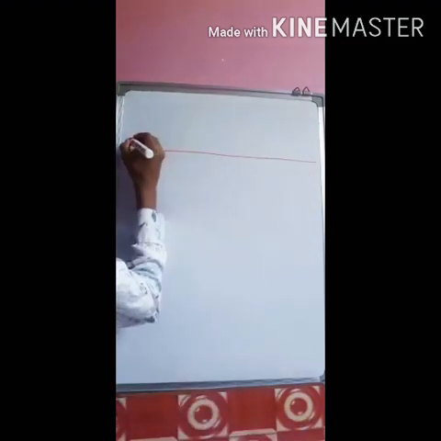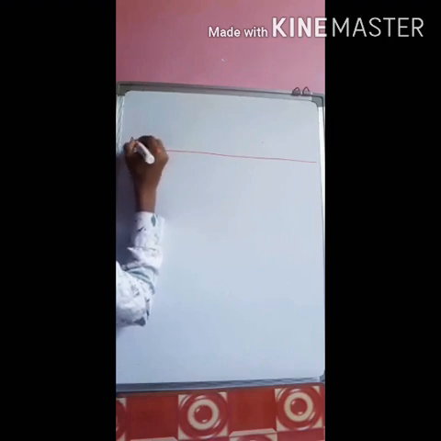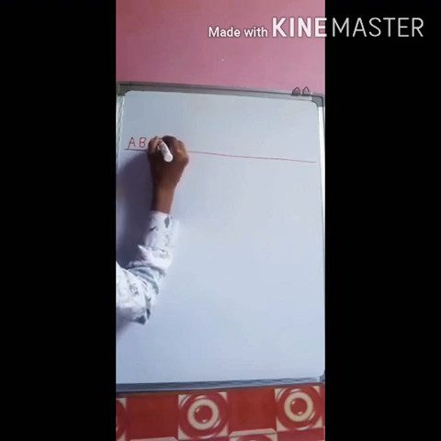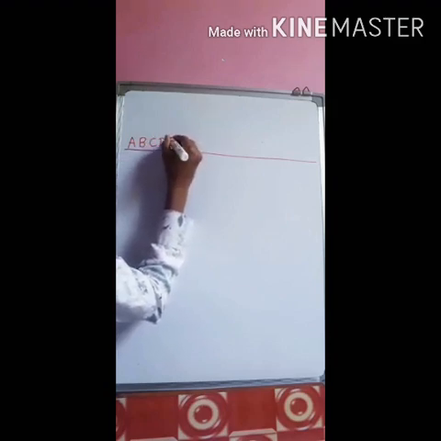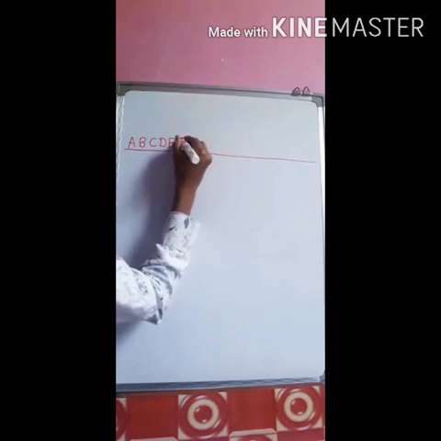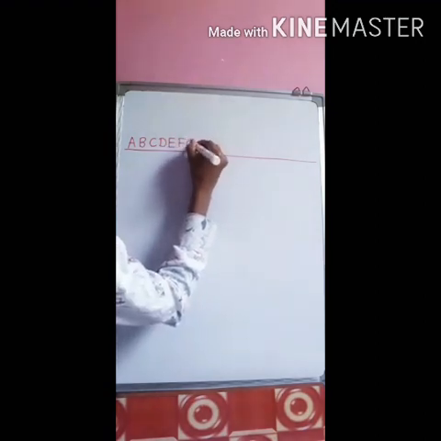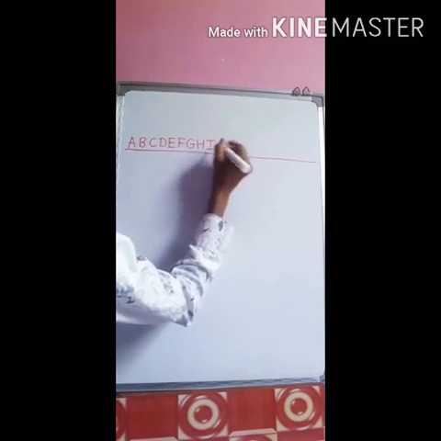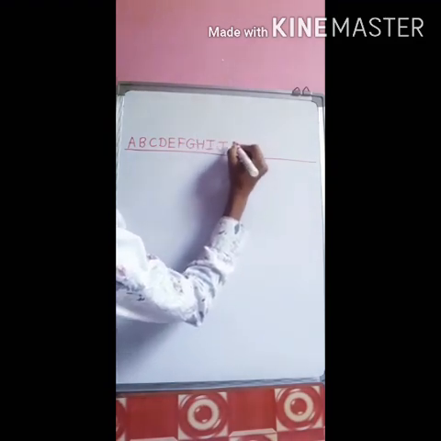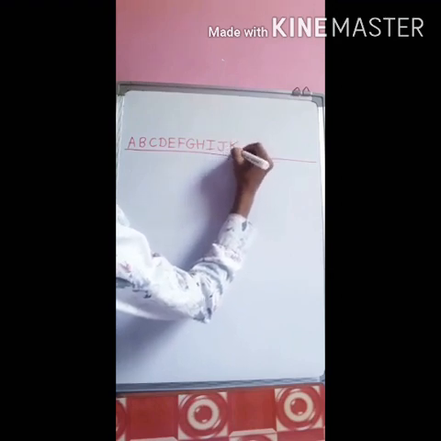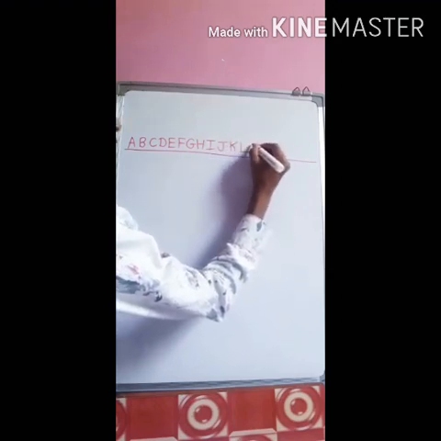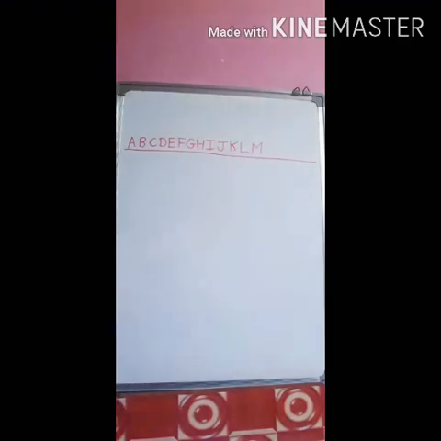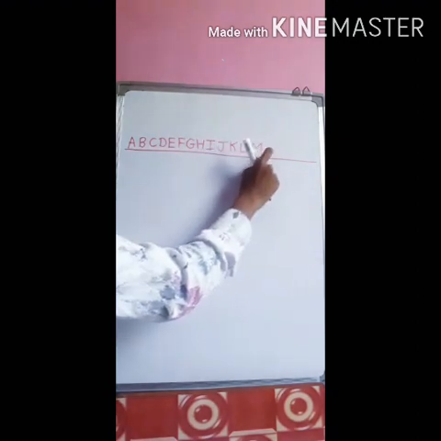A, B, C, D, E, F, G, H, I, J, K, L, M. Now we have written A to M letters on this board.